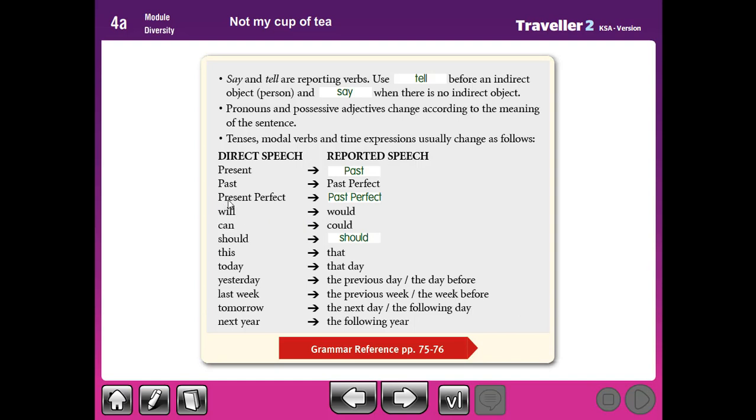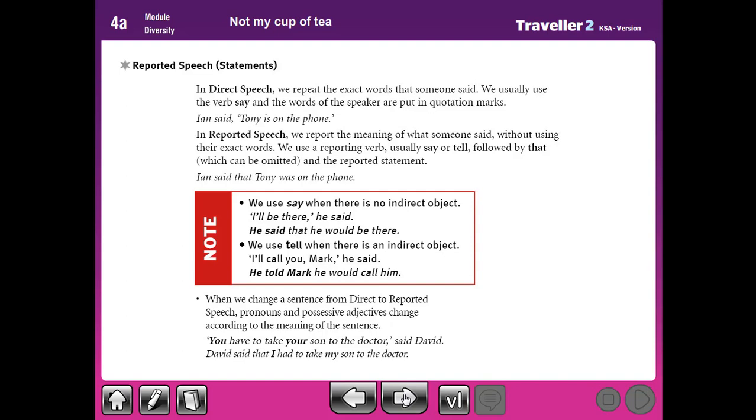If we have should or could or would, no change as well, right? This into that, today into that day, and so on. These are what we talked about in the previous picture. Here we have the meaning of the direct speech. That means we repeat the exact words that someone said. But in the reported speech, we report the meaning of what someone said, right?